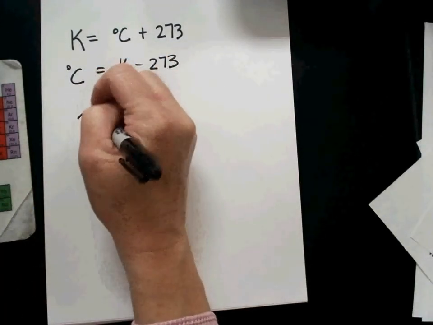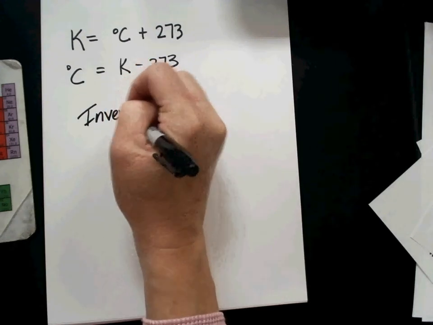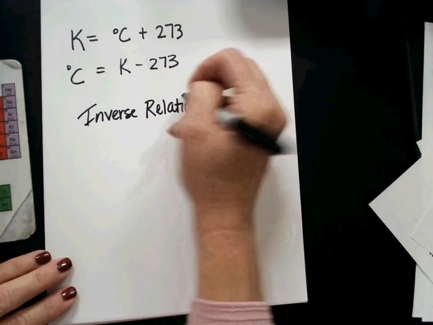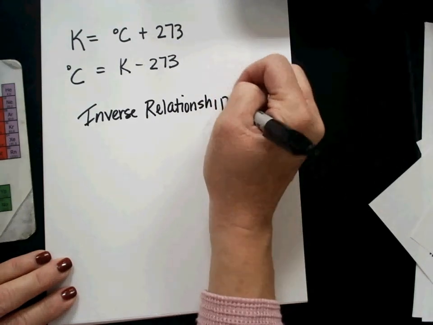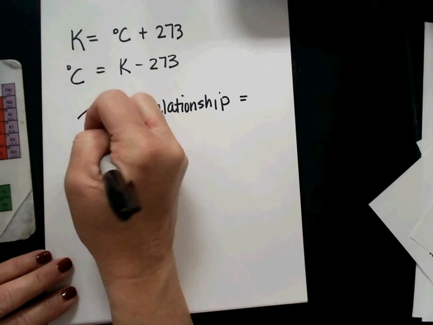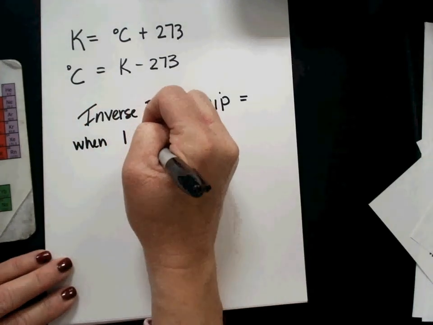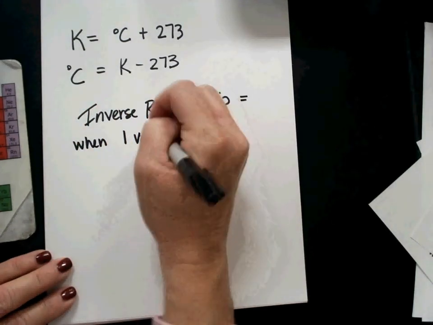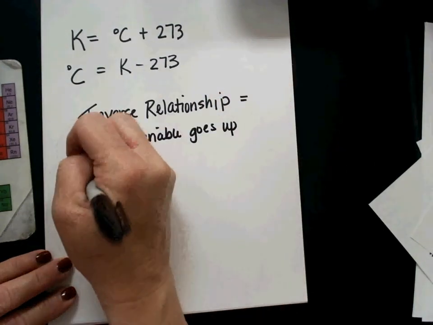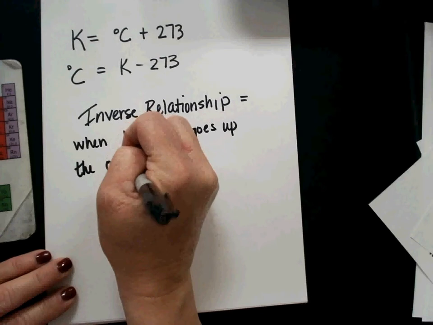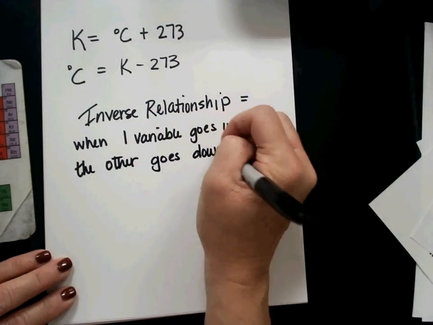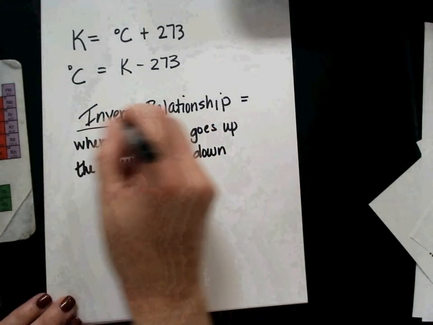So if I have an inverse relationship, it means when one variable goes up, the other goes down.